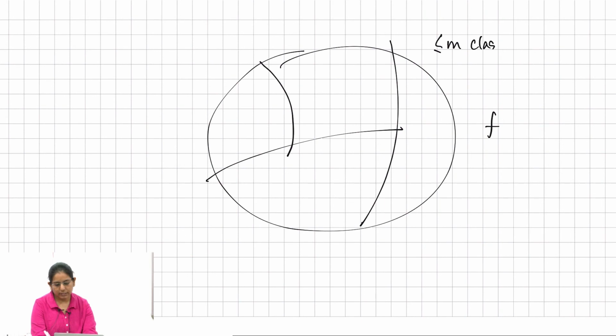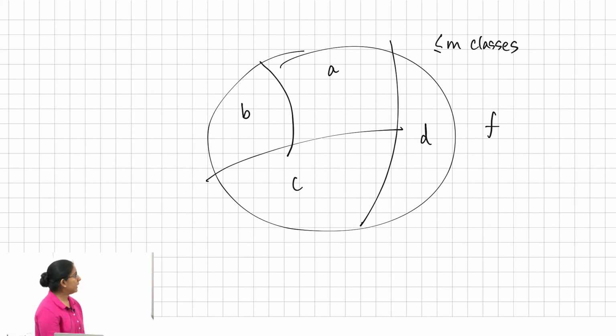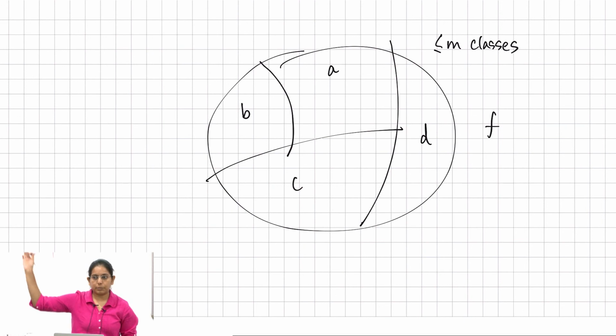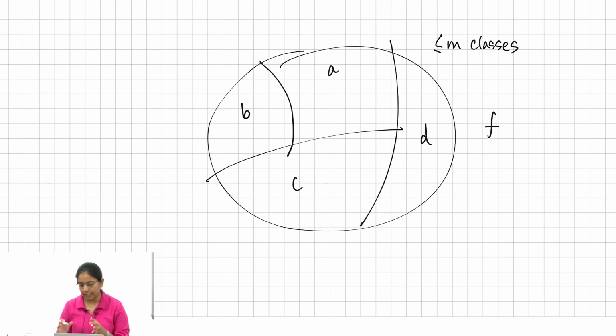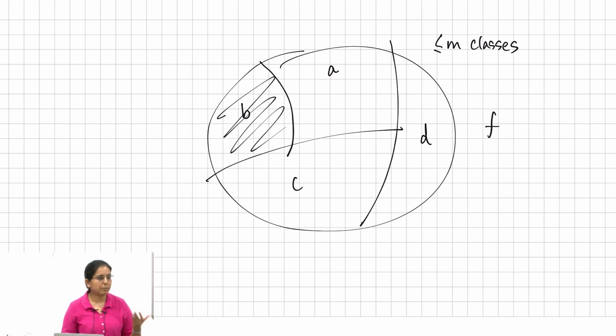Let's say you have candidates A, B, C, D. So here are the profiles. These are the profiles where C is winning. The top left are the profiles where B is winning. So every mechanism is just a partition of the profiles. It's a labeling of the profiles with candidates, based on who is winning in that profile. So in this region I've collected all the profiles where B emerges as the winner with respect to F, and so on.